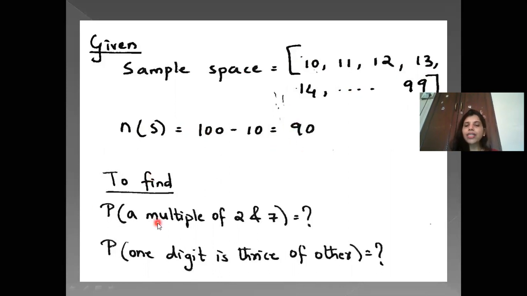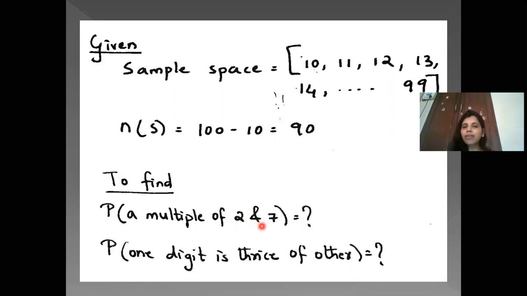Now we have to find the probability that the number you are picking is a multiple of 2 and 7. Whenever the word is 'and', the number must be a multiple of both numbers, so it should be in the table of 2 and in the table of 7 as well.